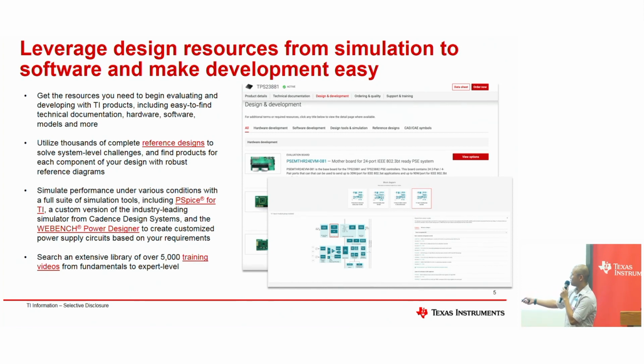You key in the specs and it will generate a whole list of different devices for you. You can click on the devices and do a very quick simulation. Webbench also allows you to simulate some of the key characteristics, like the Bode plot, the transient response, and the steady state response, and you can export them into a PDF report in less than 5 minutes.